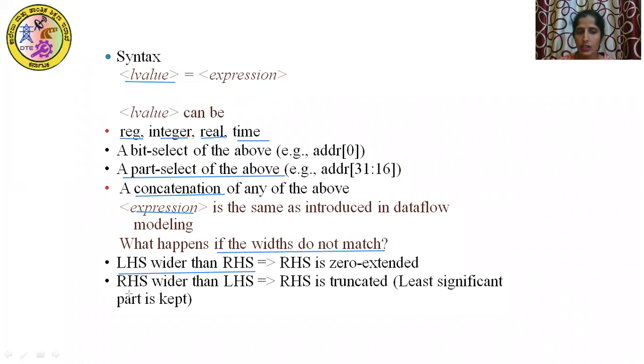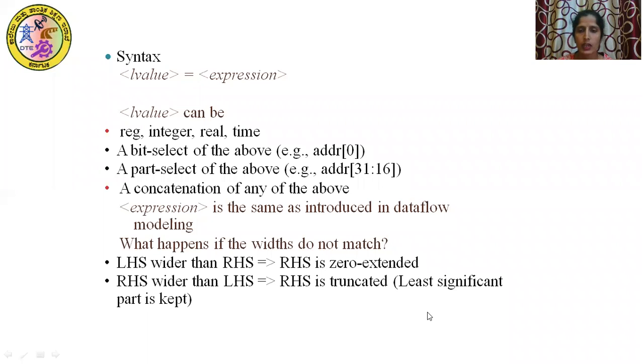Whereas if the RHS is wider than the LHS, then the RHS is truncated. That is, the least significant part is kept and the most significant part will be truncated. So this is what will happen if the widths do not match in a procedural assignment.